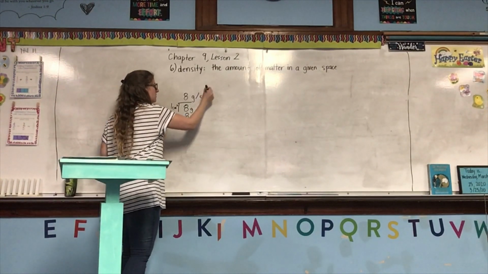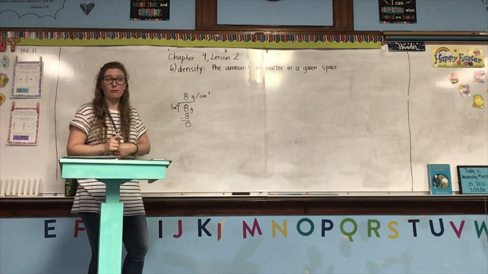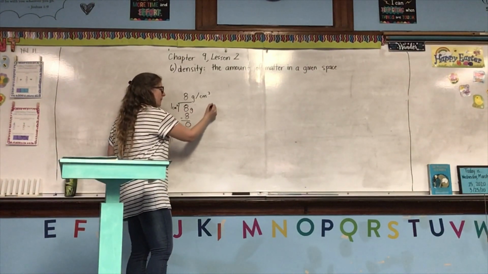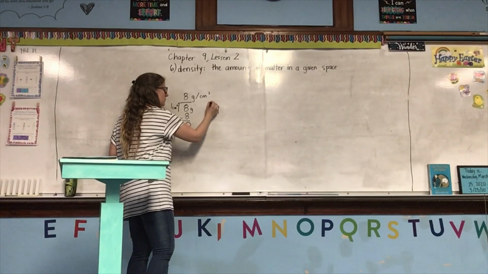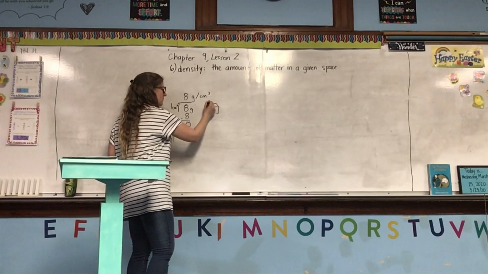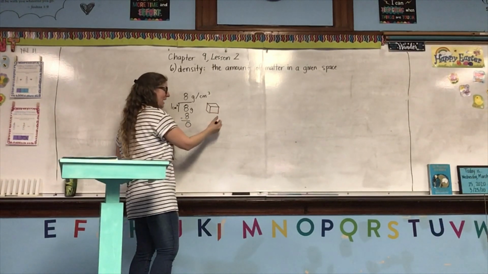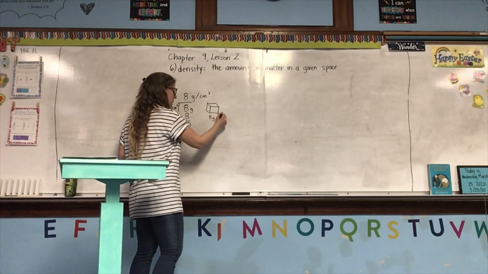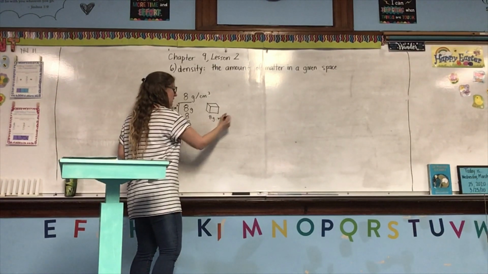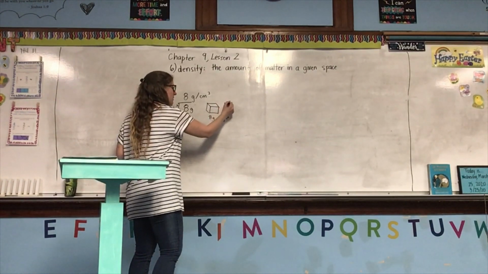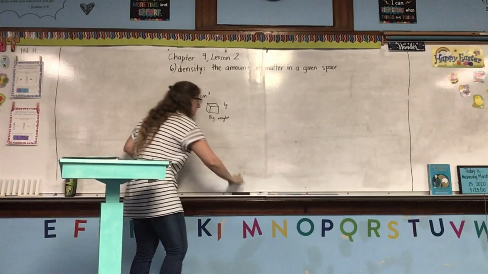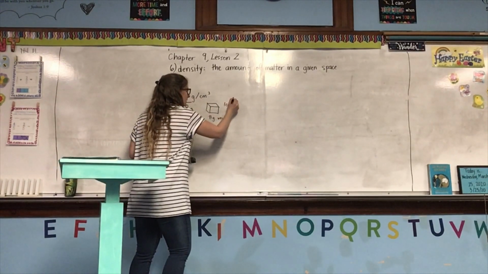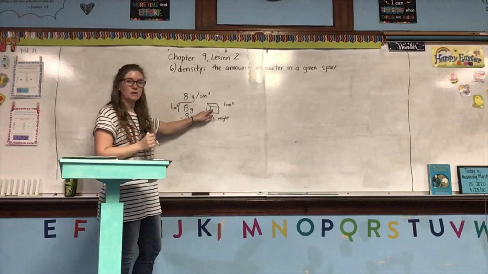So that means, if we're trying to figure out the density, 1 cube looks like that. It weighs 8 grams. Its volume is 1 cubic centimeter.